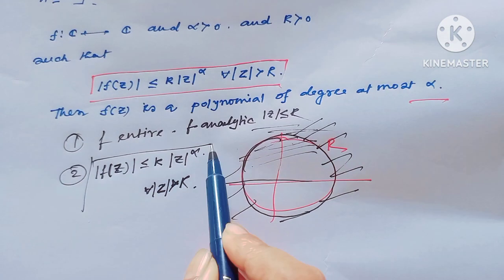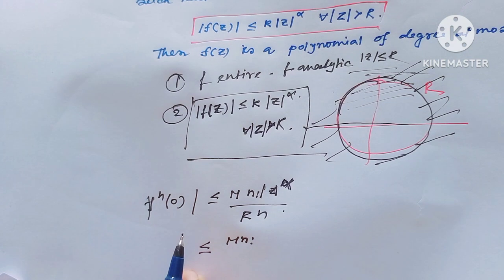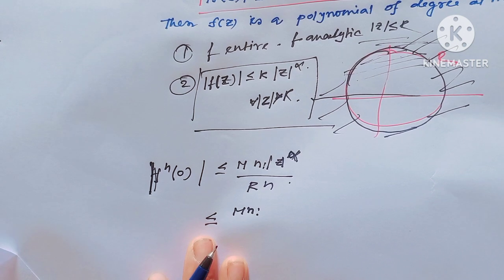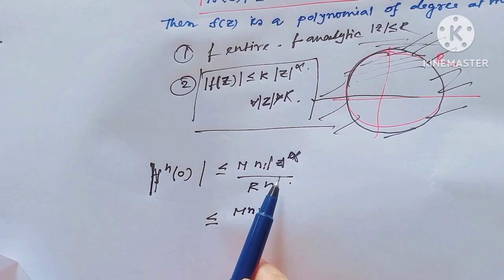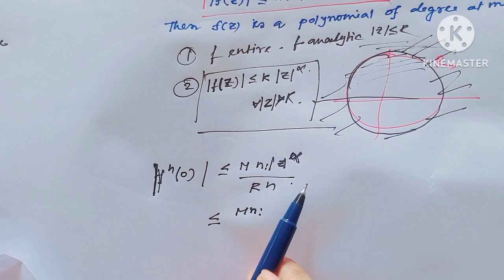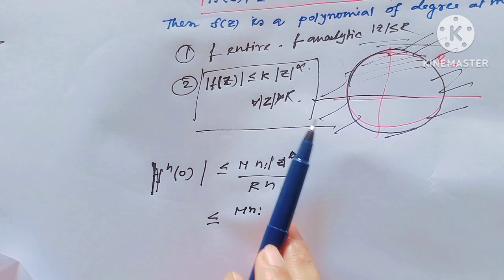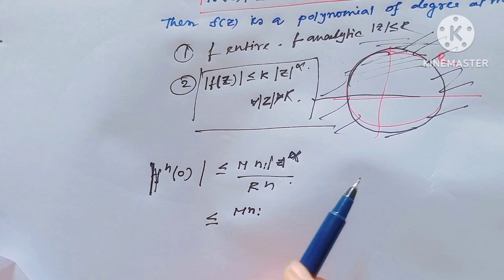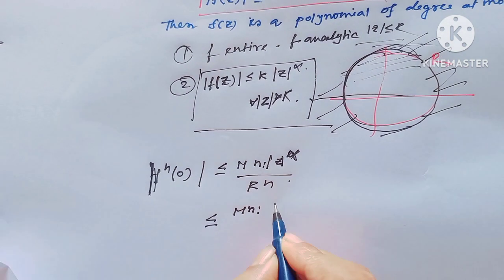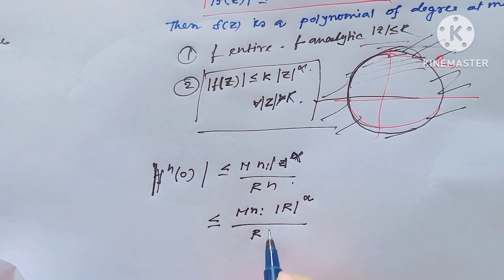Then by this inequality, we can tell by Cauchy's estimate formula, the n-th derivative of the function at the point 0 is less than or equal to M n factorial modulus of z to the power alpha over r to the power n. Since this is true for all modulus of z greater than r, on this boundary the value would be r to the power alpha over r to the power n.